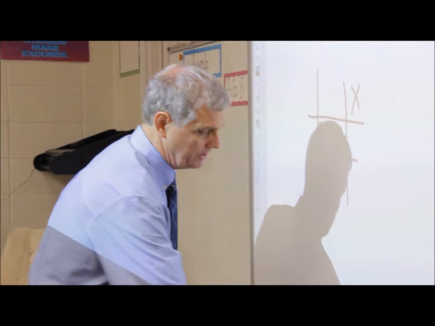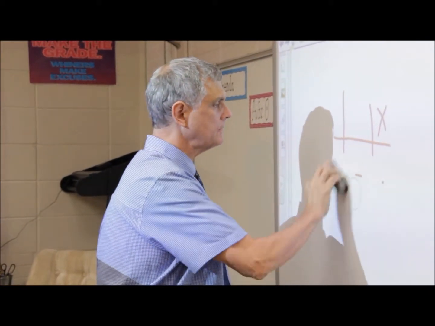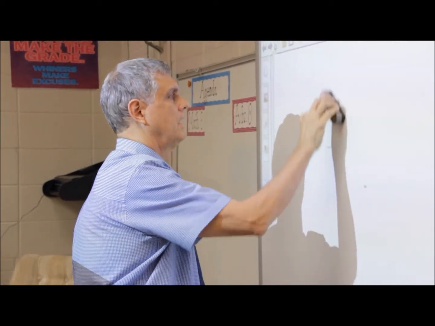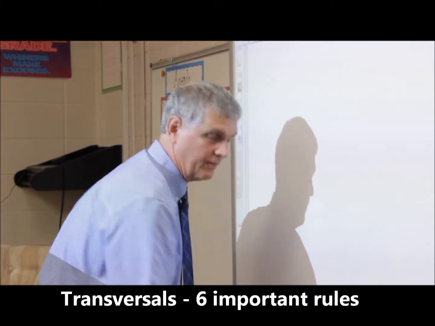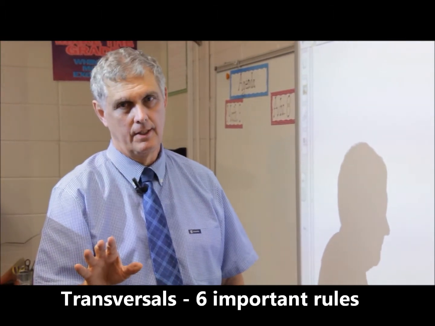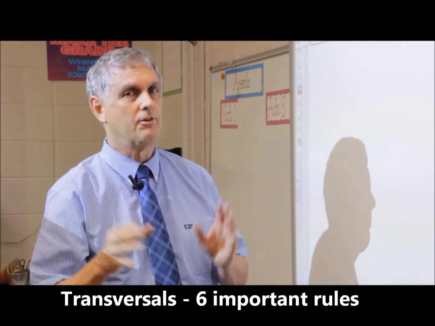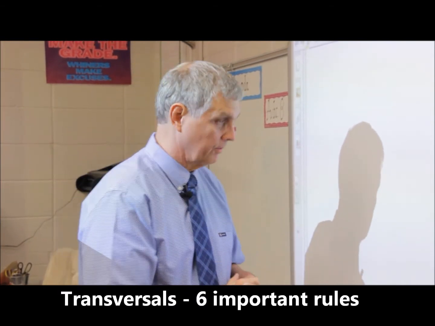Now, I'm going to show you one other concept here, and that is what we call transversals. There are 6 rules to remember with transversals, and if you know those 6 rules, you can solve any problem that ever existed with transversals. And the rules are pretty simple, so let's get started.